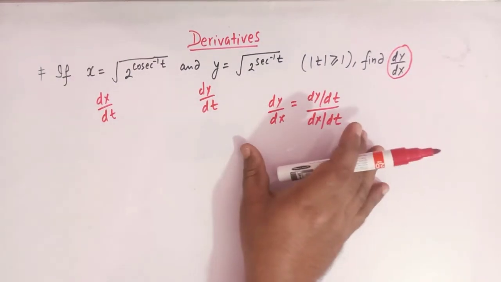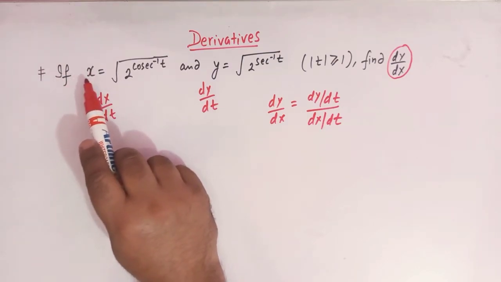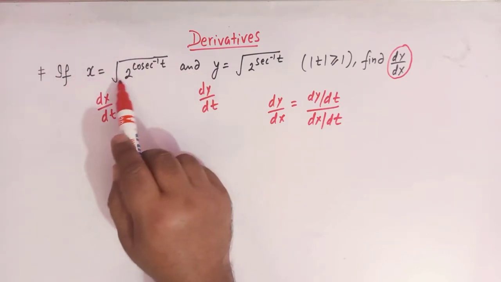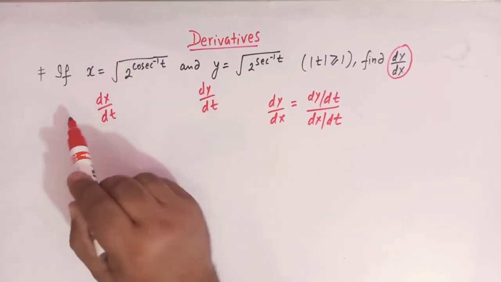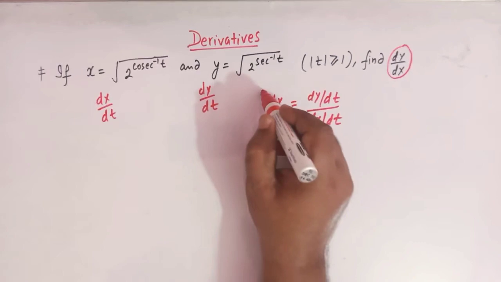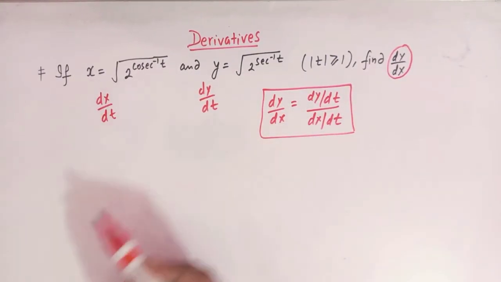So this is the method for parametric differentiation, because here y is a function of x, but x and y are separately given as a function of some other parameter, that is t. So dy over dx can be obtained by this expression, but here we'll use a slightly different method.